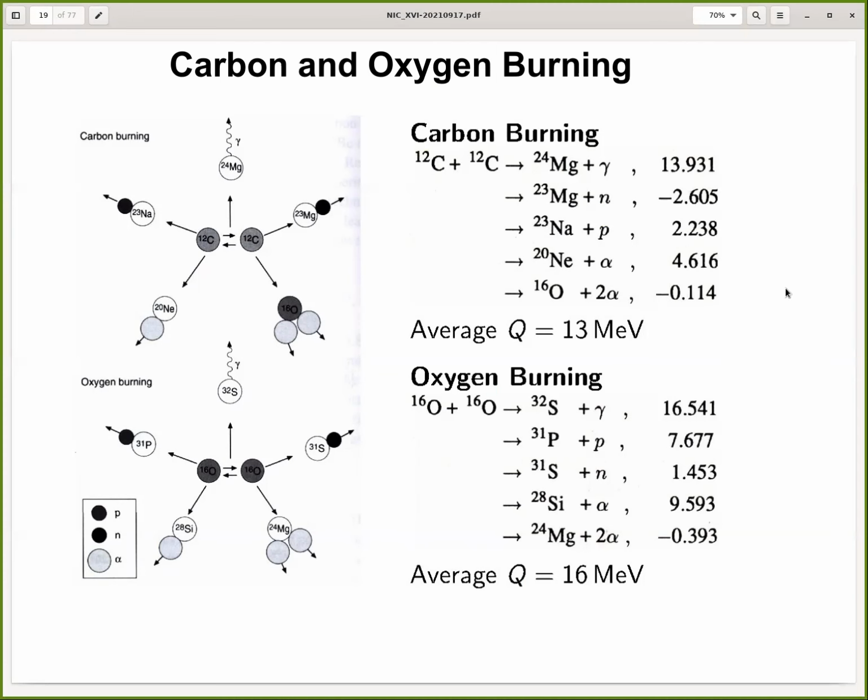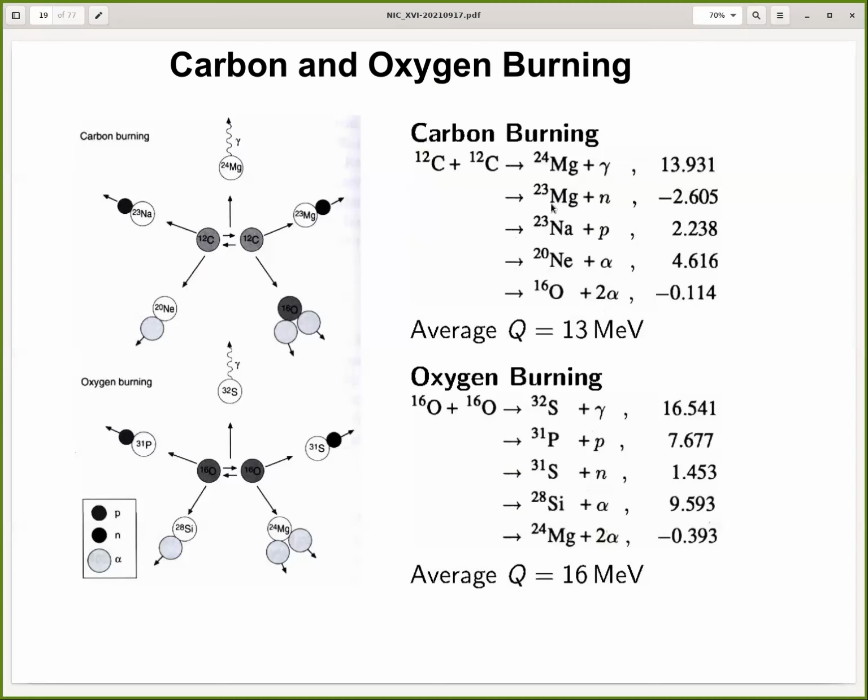So what is going on here is that you don't just make magnesium 23 and the neutron, but the neutron, proton, and alpha particles that you make here are particles that have a high energy content, in the sense that they can react with other nuclei and release a lot of energy in that reaction. And so this is where you get this extra energy from. So you have the secondary particles, and they can react onward.